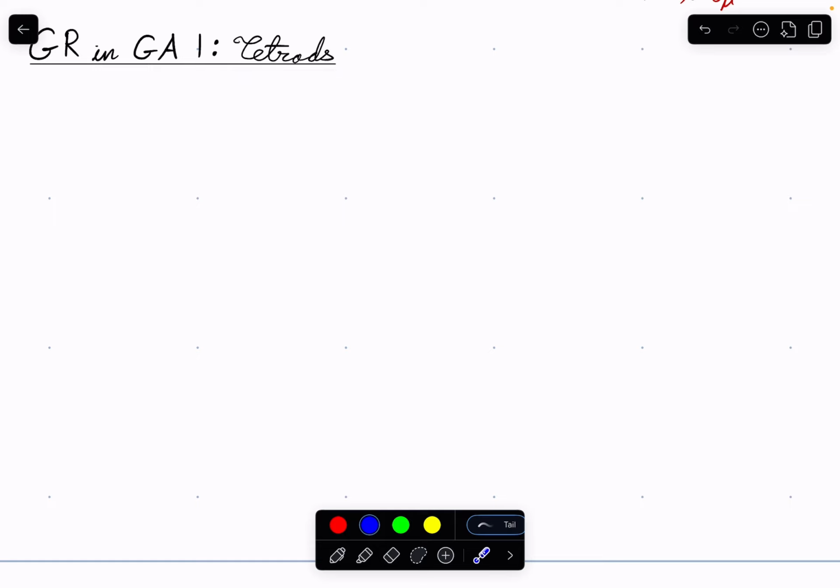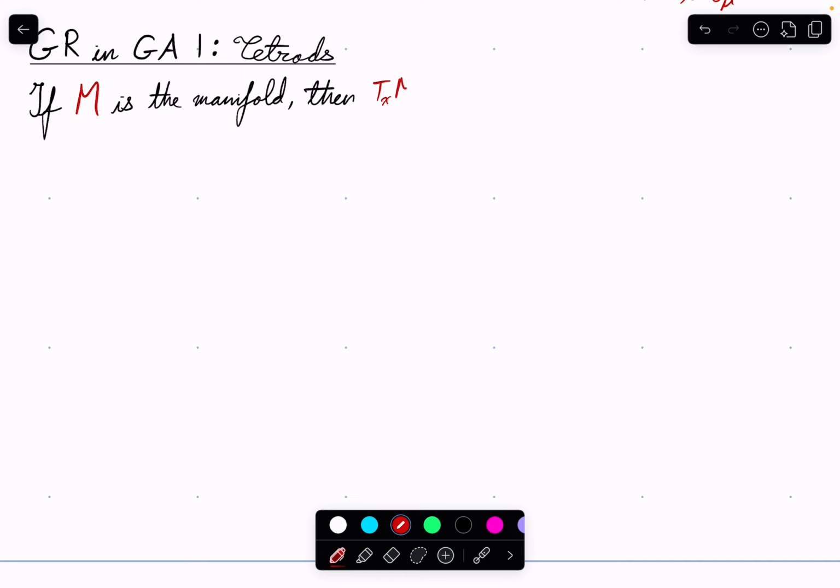When working in curved manifolds, there are objects called tangent spaces. So if M is the manifold, then what's called the tangent manifold is T_x M. So T_x M is the tangent space at point x.